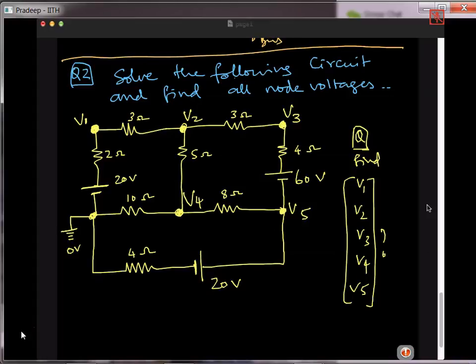So can anybody explain how you will find V1, V2, V3, V4 and V5? We are going to solve it in the next 10 minutes, but I am asking you to solve it. Can you think about the method to solve this?